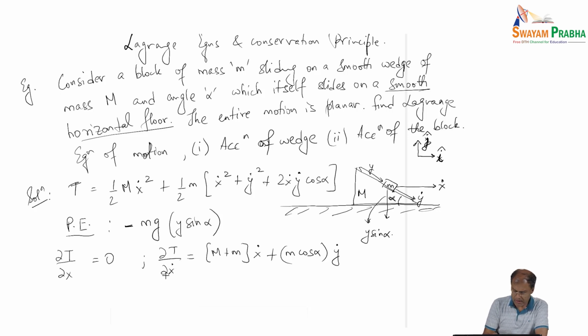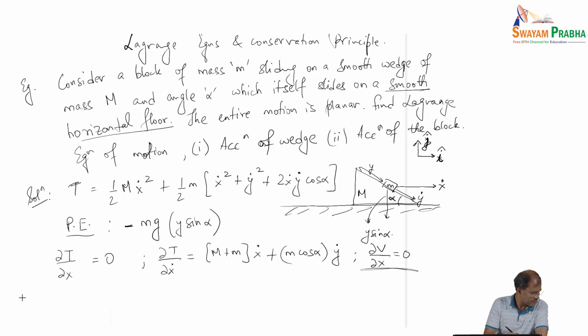This is the kinetic energy, and we can see the kinetic energy only depends on x dot and y dot, so certainly there is a derivative with respect to x dot. Similarly, we can find what it is for the potential. We will not have any ∂V/∂x, so that is 0. The potential energy is only a function of y, and there is no velocity content in the potential energy, so this quantity ∂V/∂x is 0.